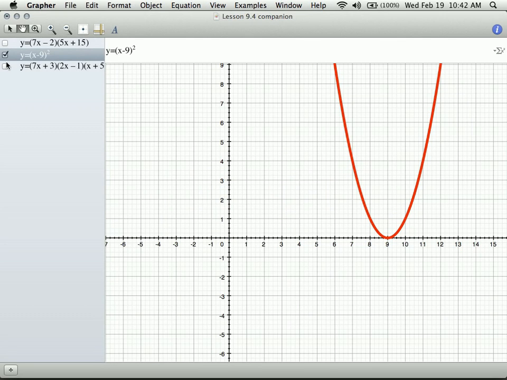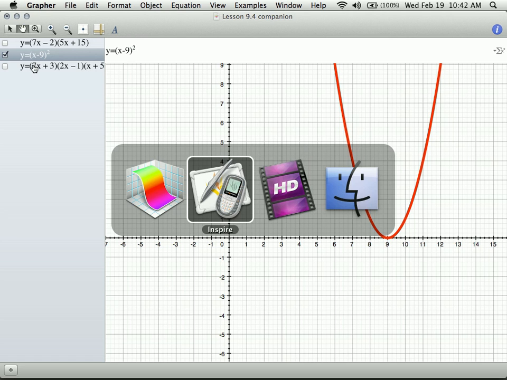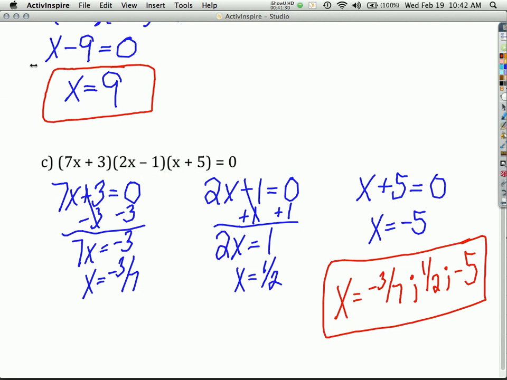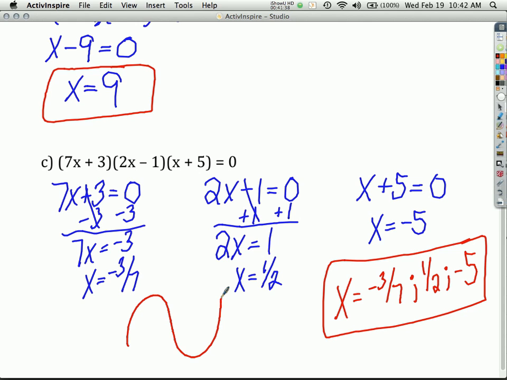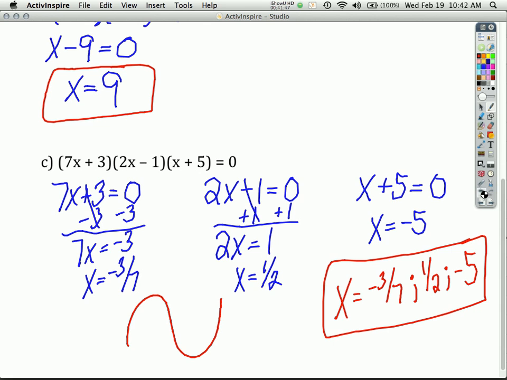Let's try one more time. I'm not sure what happened, but I can't seem to get it to work. But she was right, actually. It is a graph that goes like this, and it crosses the x-axis 3 times. If I can get it to work a little bit later, I will show it to you. Every solution represents a position where the graph crosses the axis. That's what a solution is.